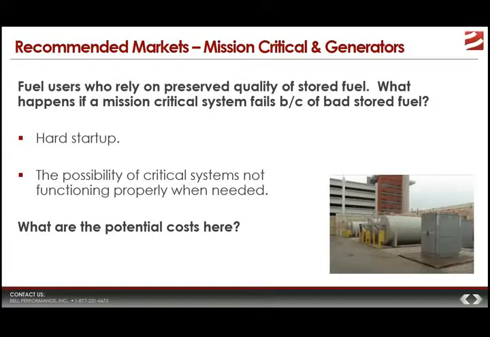What would be the potential cost if something like that happened? How much did it cost that hospital in New England during Superstorm Sandy a few years ago, which had its generators failed in the middle of the storm? How much did it cost them, both in money and also in public relations nightmare?